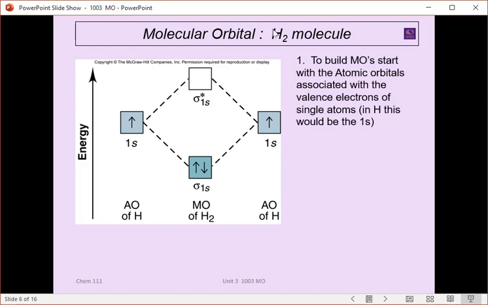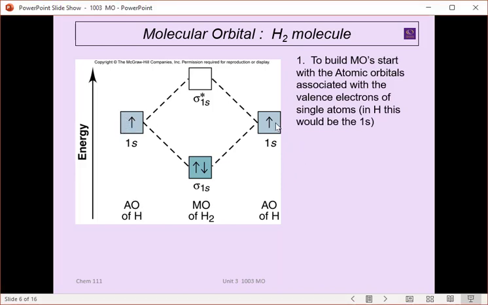So when you talk about hydrogen, it comes in with 1 electron. That 1 electron is in the 1s. So this over here in the diagram is representing the atomic orbital that 1 hydrogen contributed. And on the left-hand side is the atomic orbital, the 1s, a single electron, that the other H contributed.